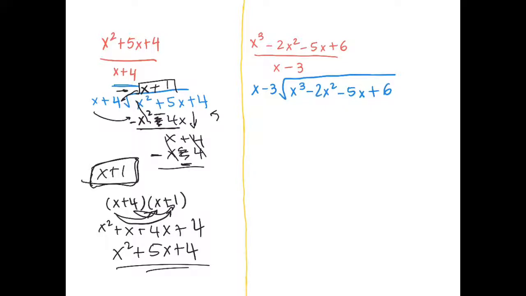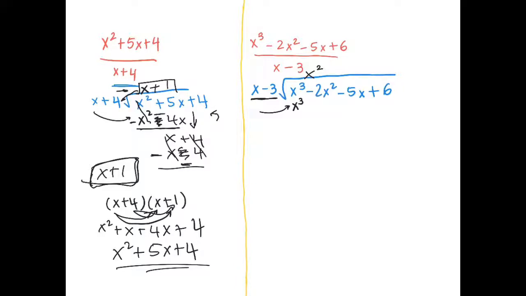So remember, just like last problem, we have to find a number that multiplies x minus 3 to get x cubed. That'll be x squared, because x squared times x is x cubed.